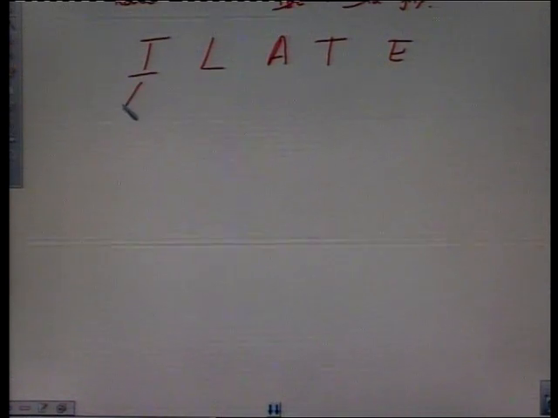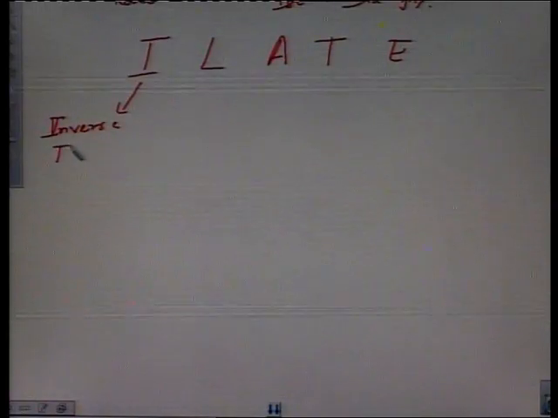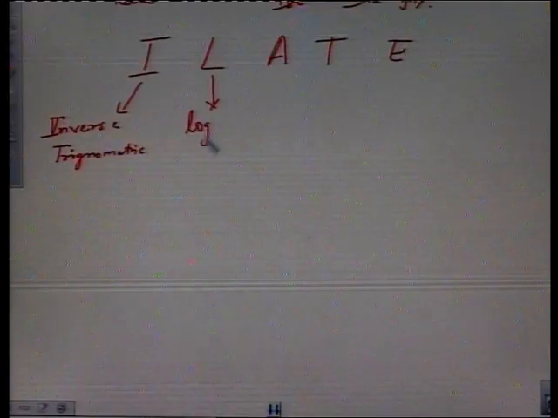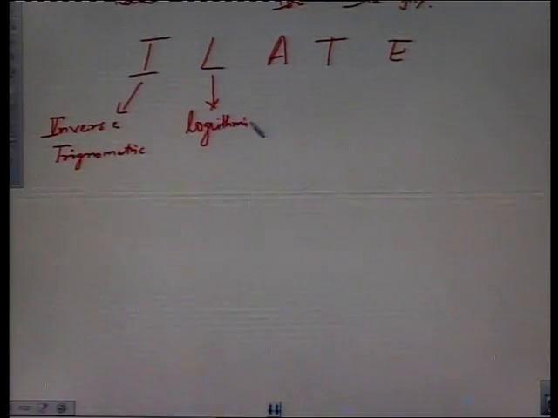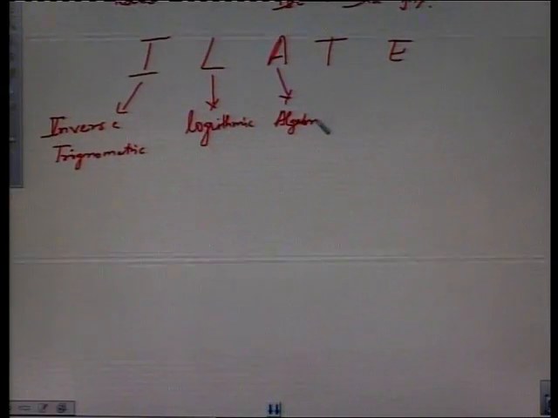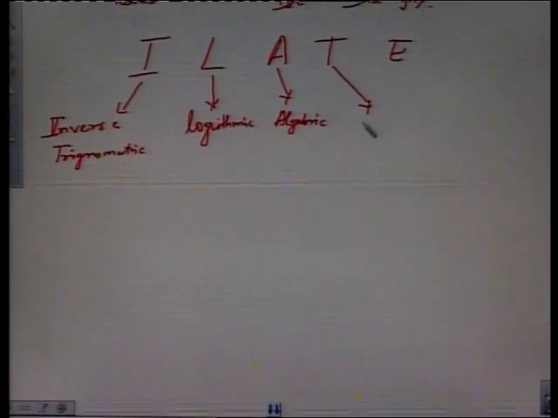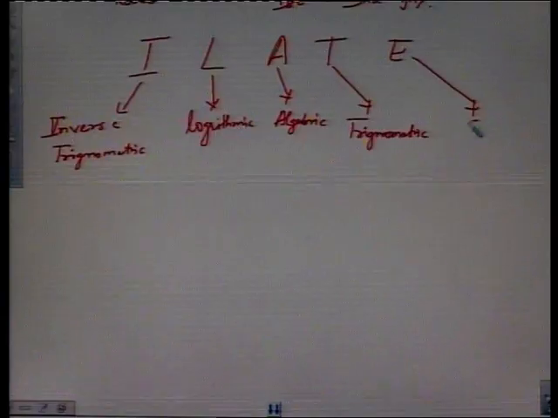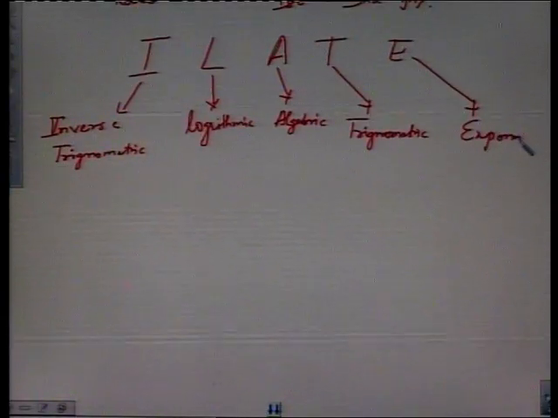Where I stands for inverse trigonometric function, L stands for logarithmic function, A stands for algebraic, T stands for trigonometric, and E stands for exponential.